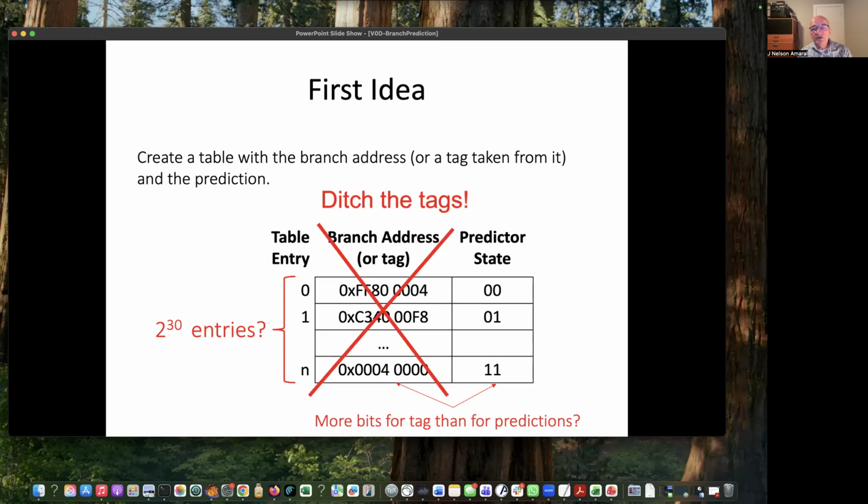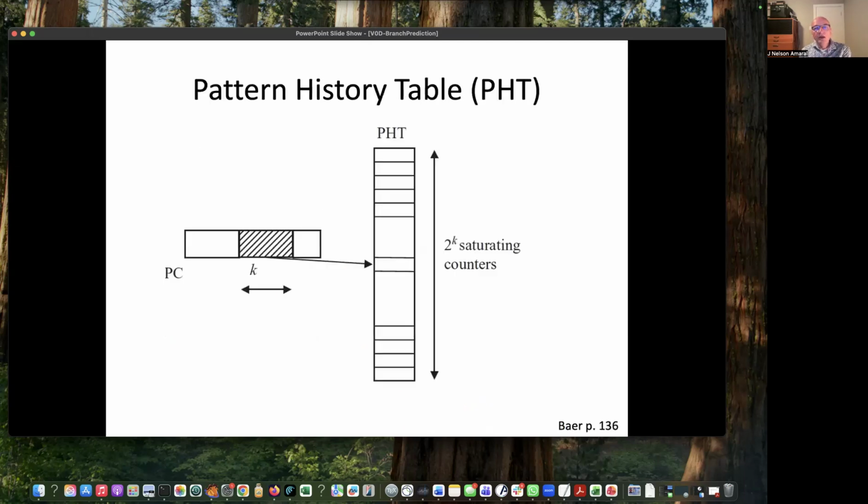So the solution is to ditch the tags altogether. We're not going to have tags in our prediction tables, which leads us to the design of the pattern history table. The idea of the pattern history table is that I have my predictor bits, my 2 bits, stored on the table.